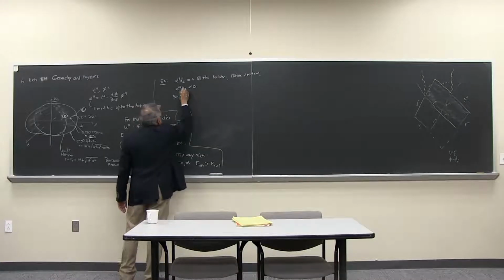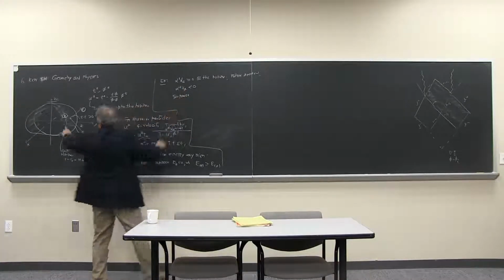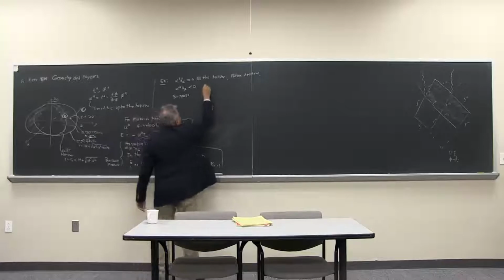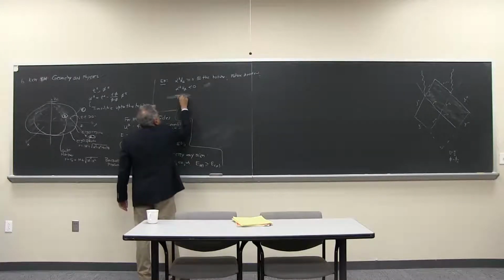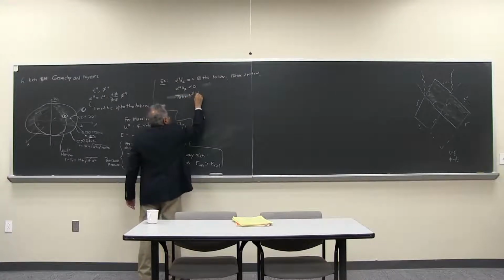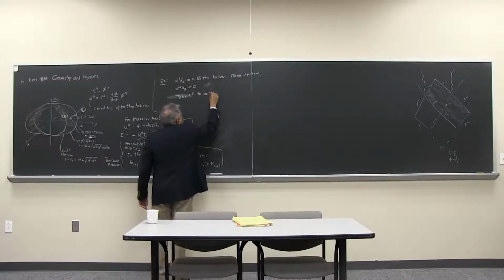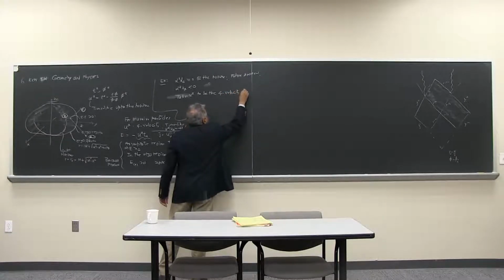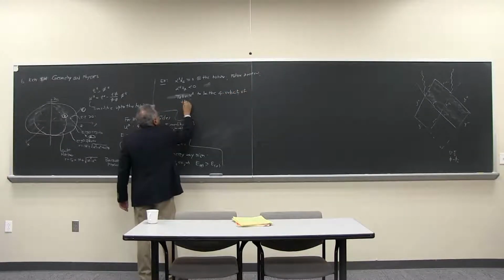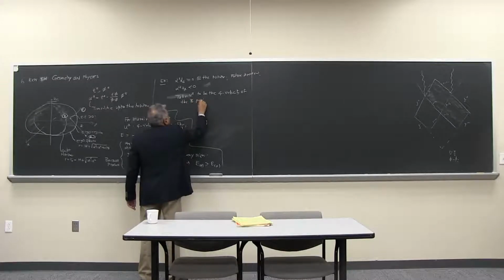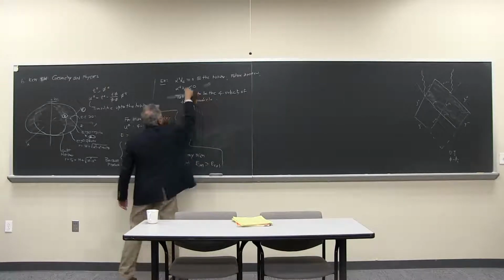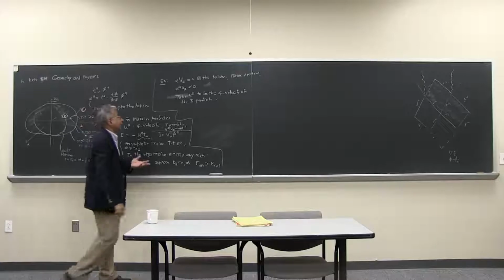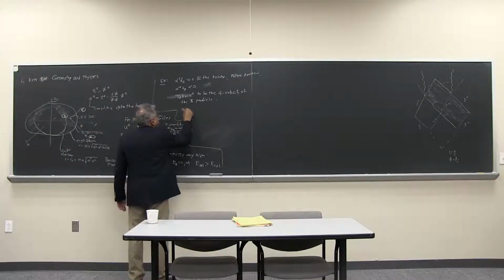Use this fact, and suppose this is a B particle, so take UA to be the four-velocity of the B particle. Use this fact up here, and then suppose B actually carries negative energy.